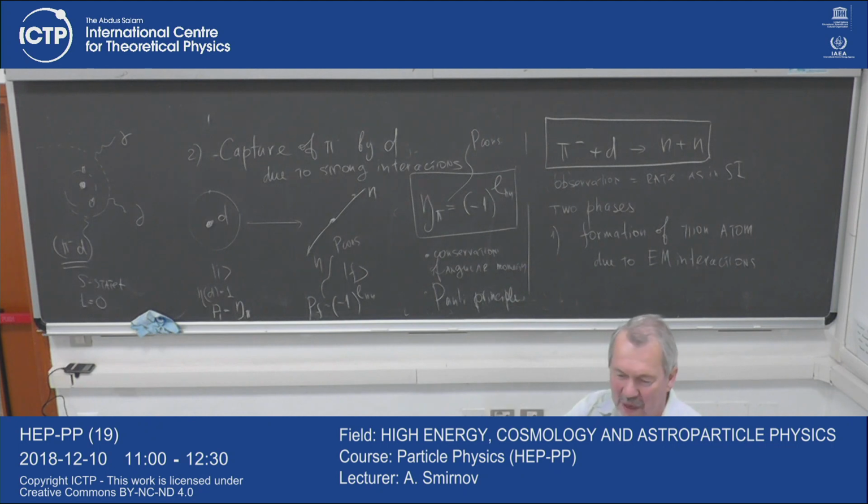It is clear because pi 0 is in the same multiplet with pi plus and pi minus, so the parity should be the same. However, they measured this independently because pi 0 decays into two photons, right? And then you need to find again the orbital motion of two photons. And for this, you need to measure polarization of photons. So measuring polarization of photons in the decay of pi 0 into two photons, you can also find the parity of pi 0. And it was found to be -1.